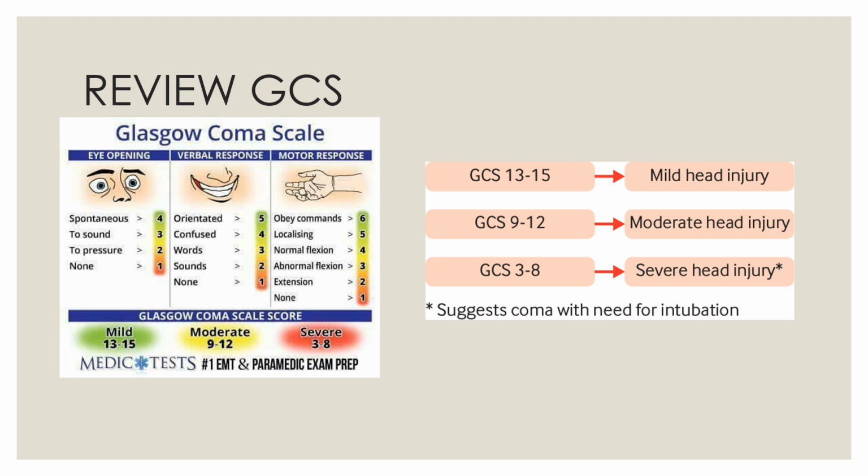And here we have in the scale on the left, someone who opens their eyes spontaneously gets a 4. Someone who you can't get to open their eyes gets a 1. Somebody who is oriented gets a 5 on verbal response. Somebody who obeys commands to move gets a 6 on motor response.